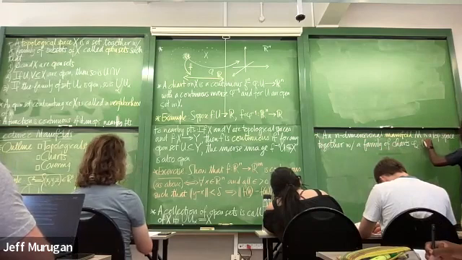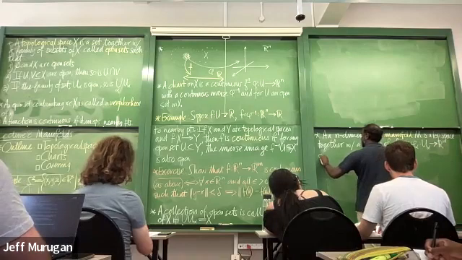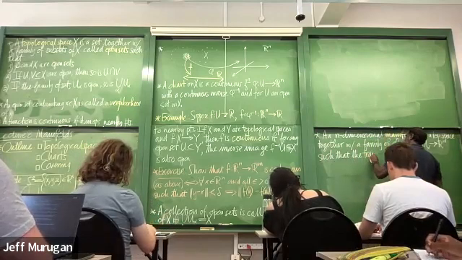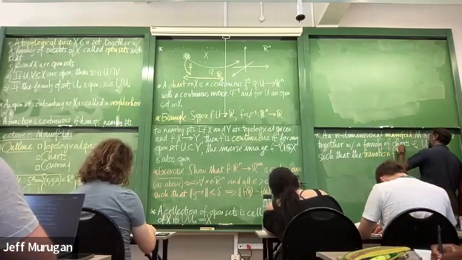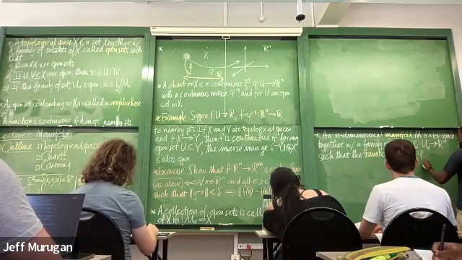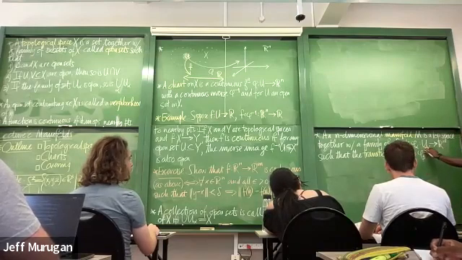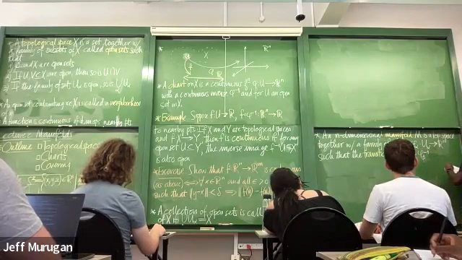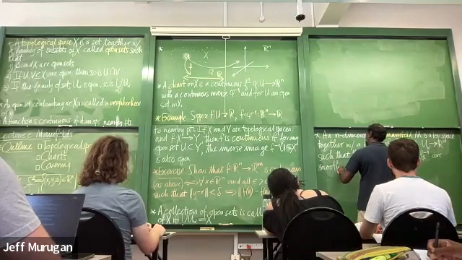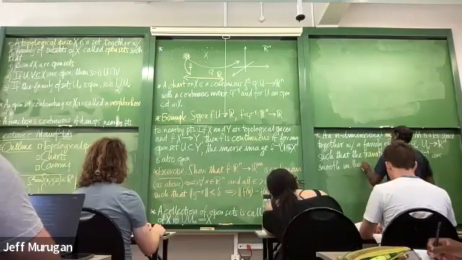These phi alpha take the open sets U alpha to R^n, such that the transition functions, phi alpha composed with phi beta inverse, that take you between the open set U alpha and the open set U beta, are smooth where they're defined. In other words, in their domain.